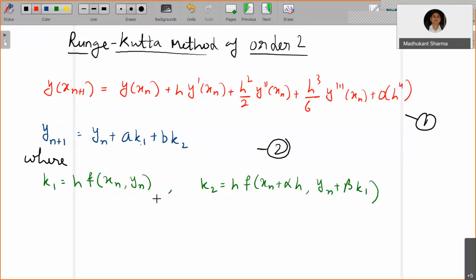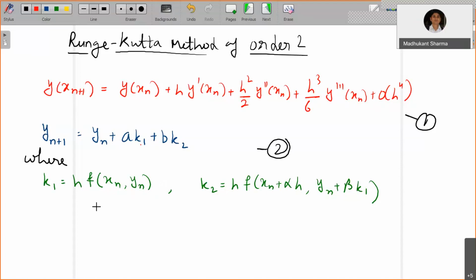Means you are moving in the direction of h comma k1 from the point xn comma yn, in some direction here. Then you take some average or mean of these slope values. So you have 2 points, xn comma yn and xn plus alpha h comma yn plus beta k1. So k1 is nothing but this here.